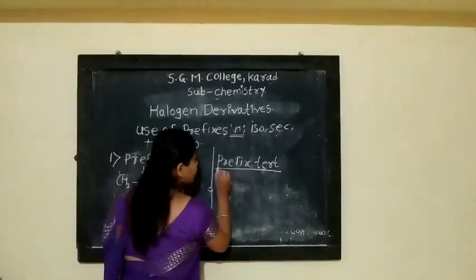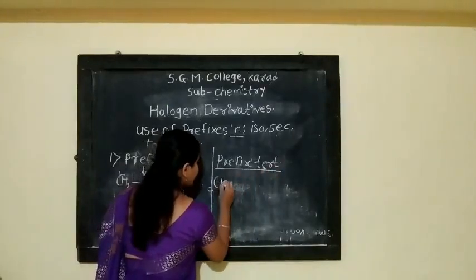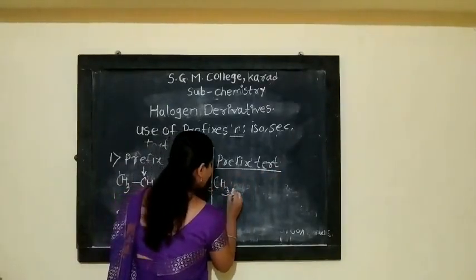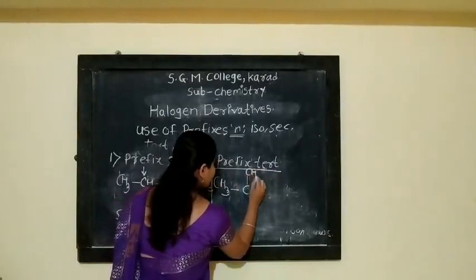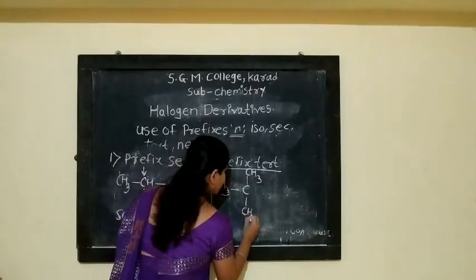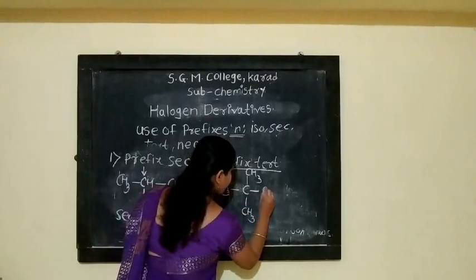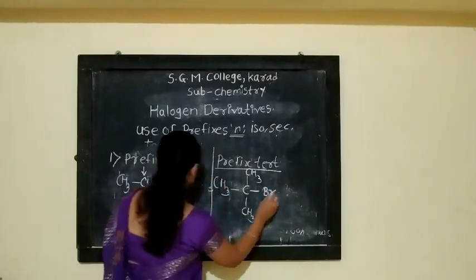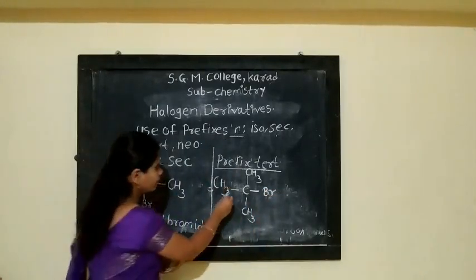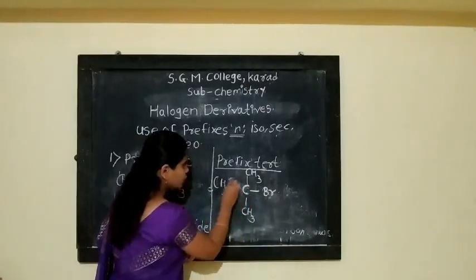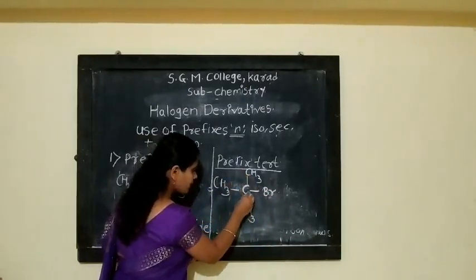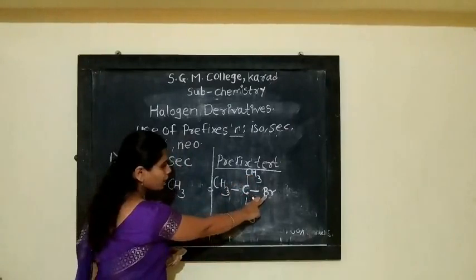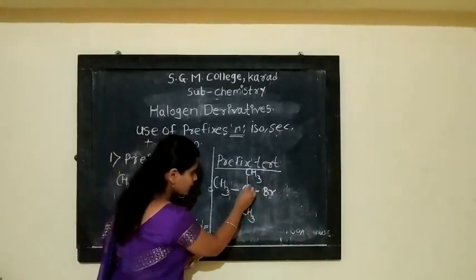Here in the use of prefix tertiary, I take the example CH3, C, CH3, CH3, Br. Here this carbon is attached to three more carbon atoms, so this is a tertiary carbon atom, and this bromine group is directly attached to this carbon.